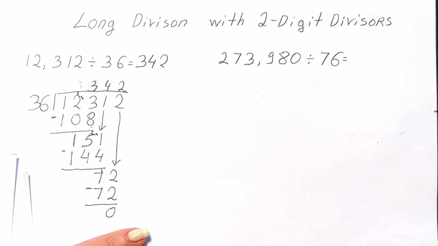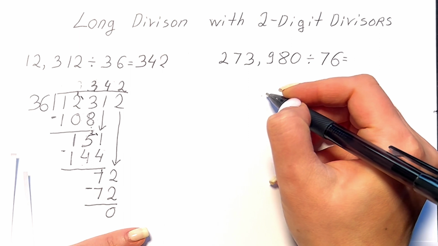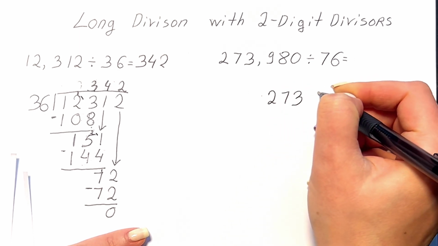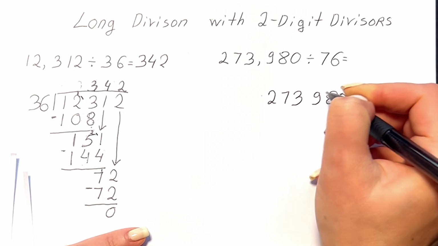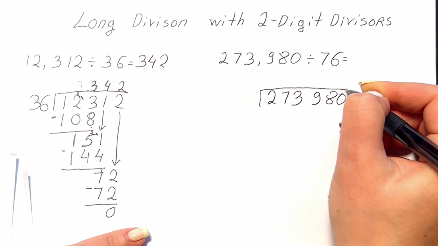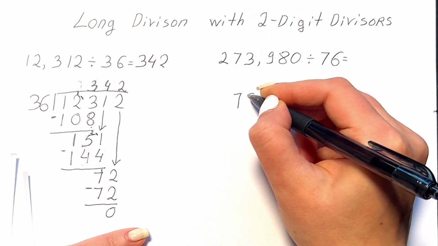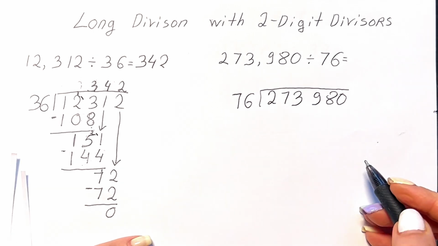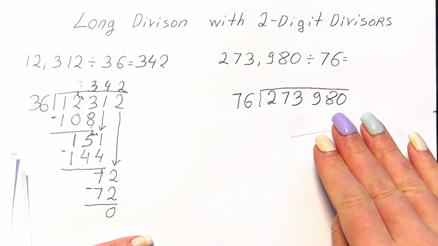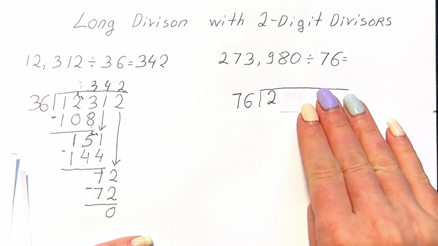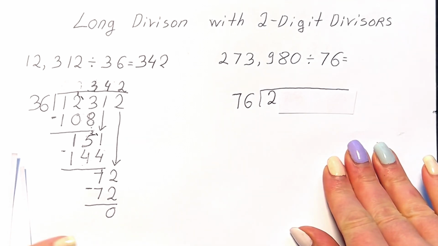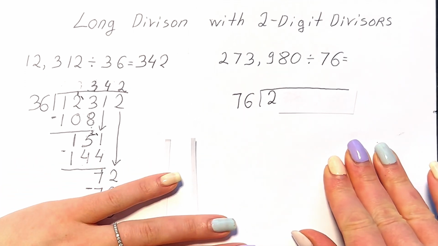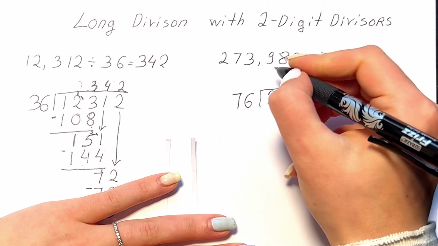Let's practice. Okay, so 273,980 divided by 76. Again the same way, I'm gonna cover the digits to divide digit by digit. 76 goes to 2 0 times.